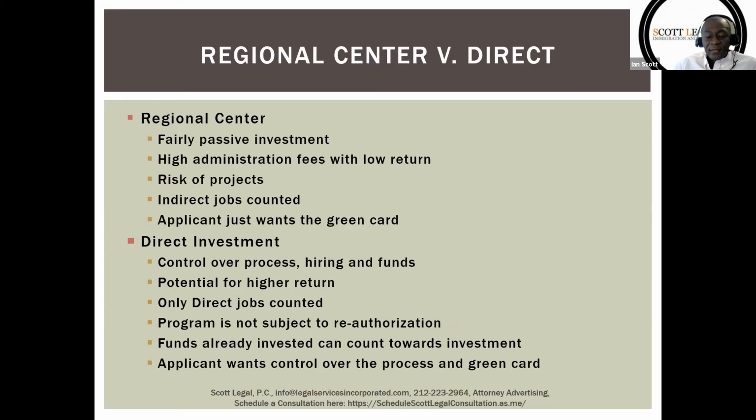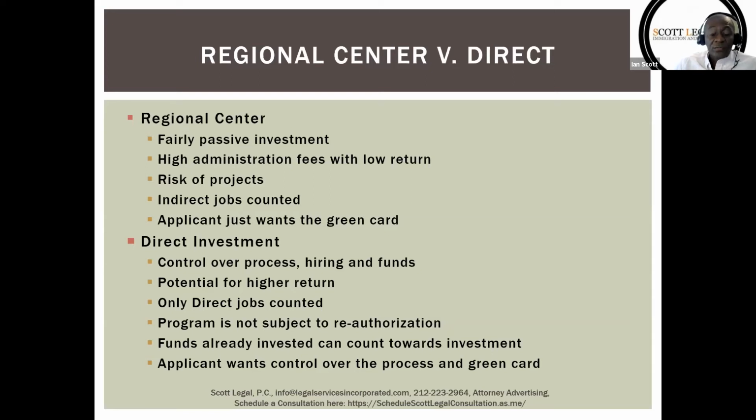When you're looking at the creation of 10 full-time jobs, for every green card that is obtained through this program, the project would have to create 10 full-time jobs. For regional centers, they can include what's called indirect jobs in that count. For example, if you're putting a hotel into a particular area, you could get an economist to do some type of report that says the hotel is going to need supplies and order food from different places, and that's going to have a knock-on effect.